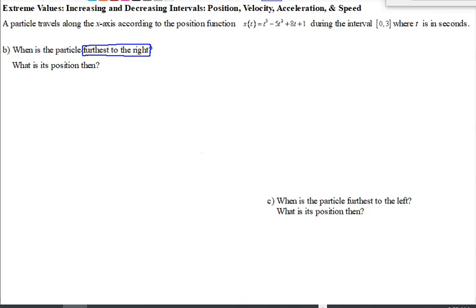So it's really asking you for the absolute maximum position. Or, as we'll see on the furthest to the left one, which we'll do along with this one, furthest to the left means the absolute minimum position.